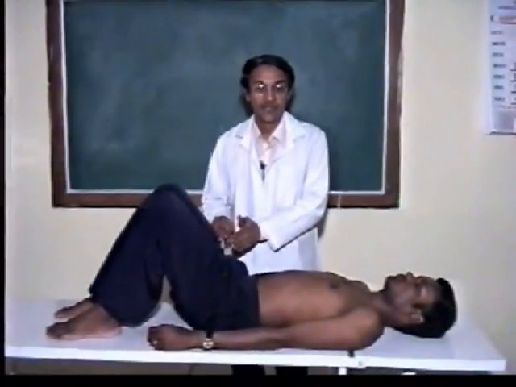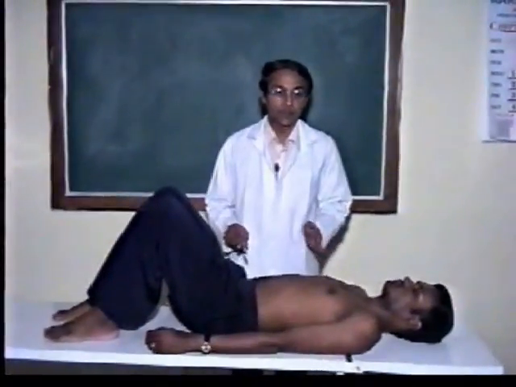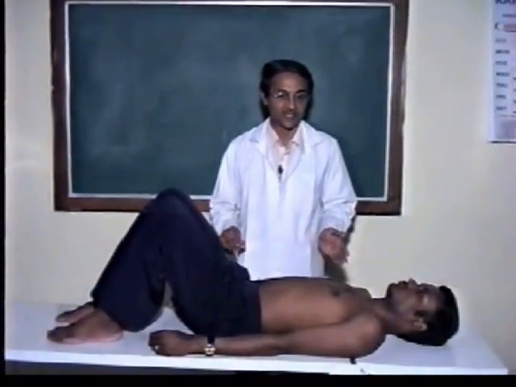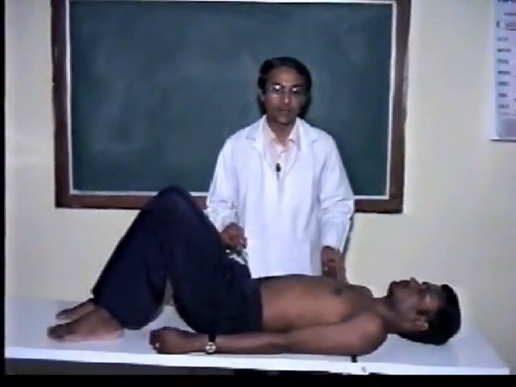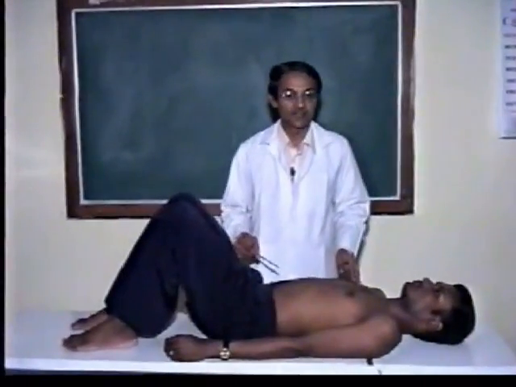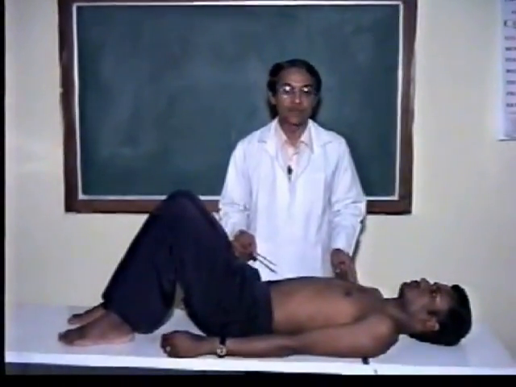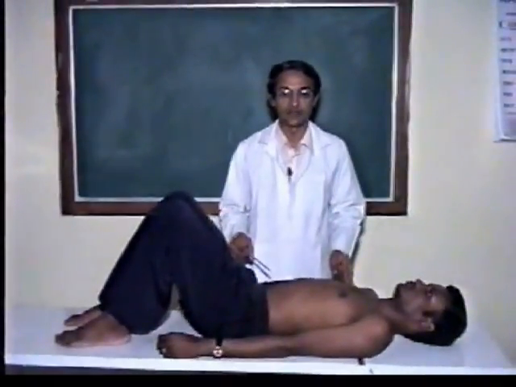In obese patients, abdominal reflexes may not be elicited. In such cases, unilateral absence of abdominal reflex is an important finding. Abdominal reflexes are lost in UMN lesions like hemiplegia or paraplegia.